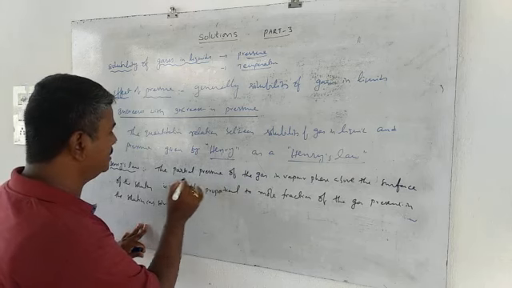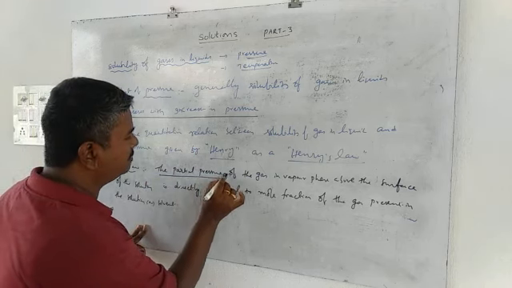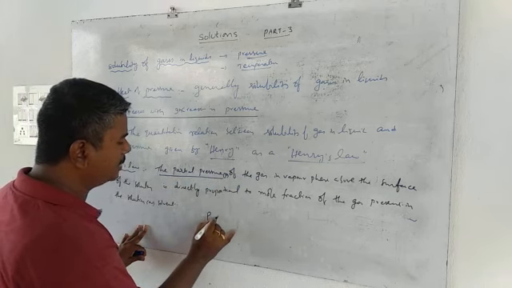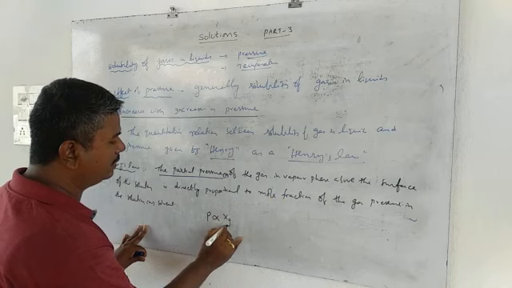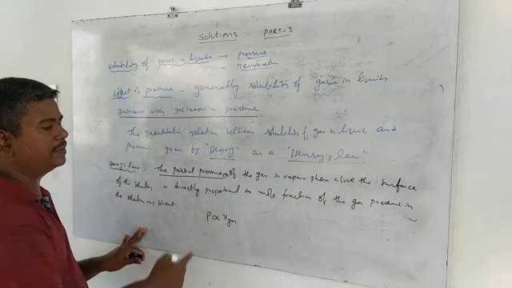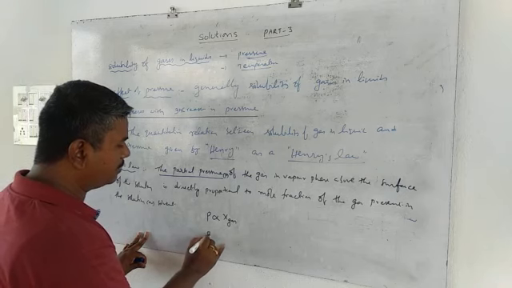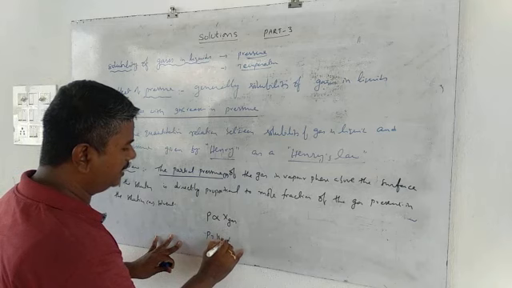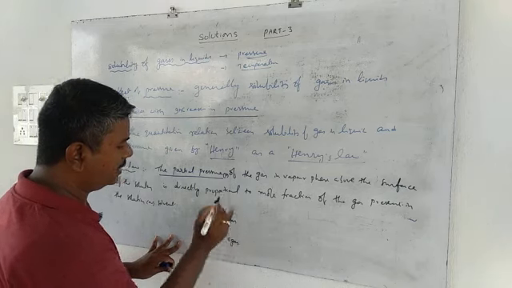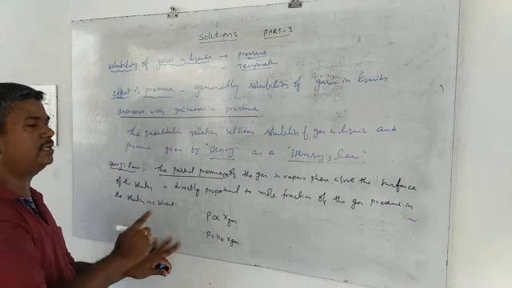The partial pressure is represented with P. P is directly proportional to the mole fraction of the gas. Mole fraction is represented by X. So P equals some proportionality constant KH times X. X means the mole fraction of the gas which is dissolved in the solution.